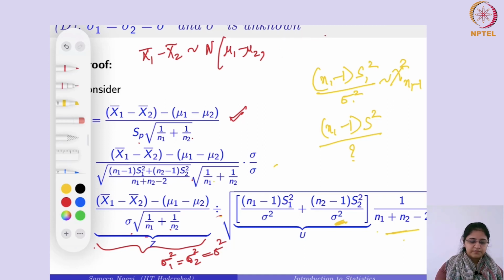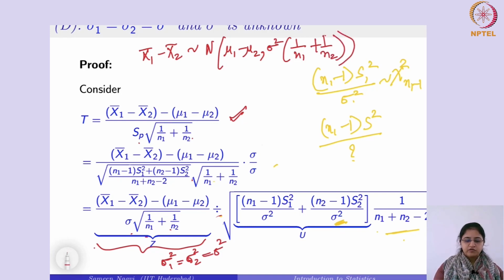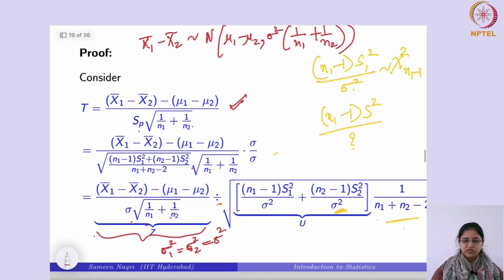simply sigma square times (1 over n1 plus 1 over n2). Since this is the variance, when you take the standard error, it would be sigma times the square root of this. Now if you look at this side, we have seen that this is a chi-square random variable, this is also a chi-square random variable, and if you have two independent chi-square random variables, then their sum would also be chi-square, and their degrees of freedom would be added.